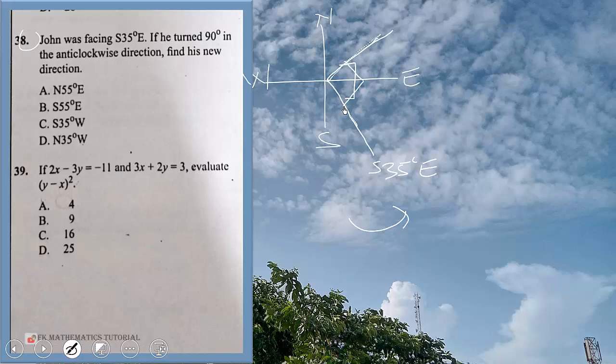Now south 35, so this is 35. This will be 55. So the new direction will be north 55 degrees east, which is option A.